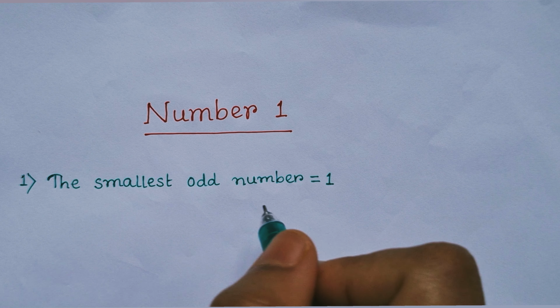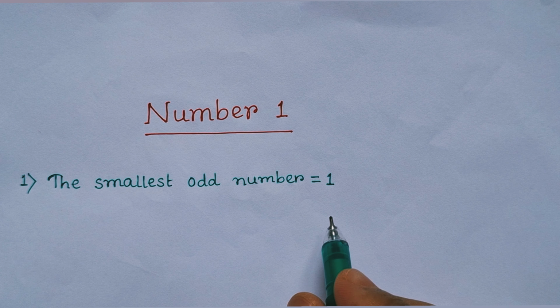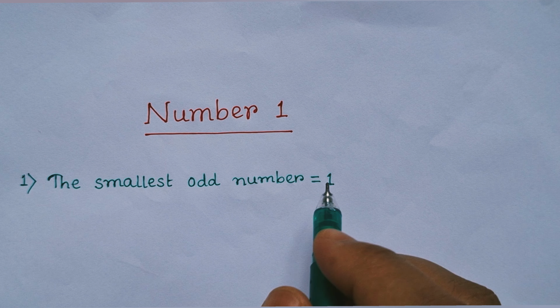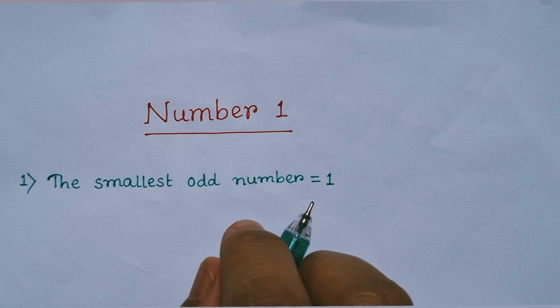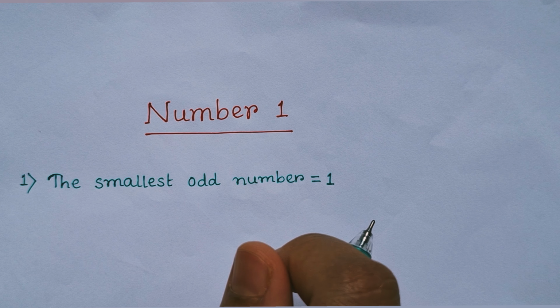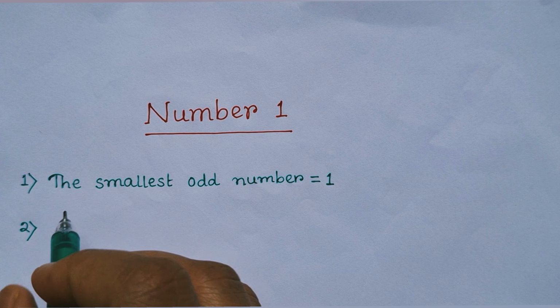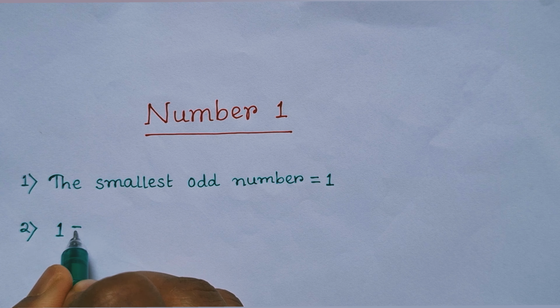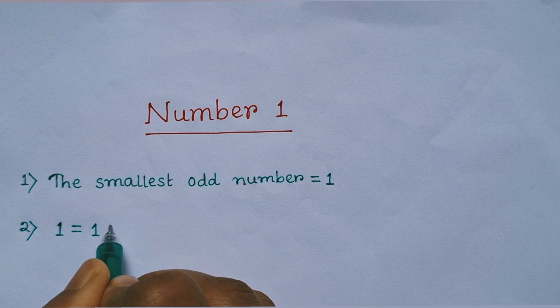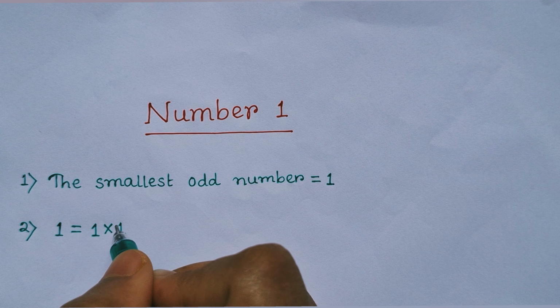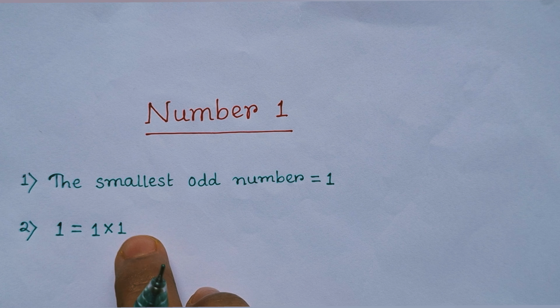This is the first universal formula we can say. If we want to represent 1 in multiplication form, then how can we represent? So 1 can be represented as 1 into 1. Any number multiplied with 1 gives the same value.